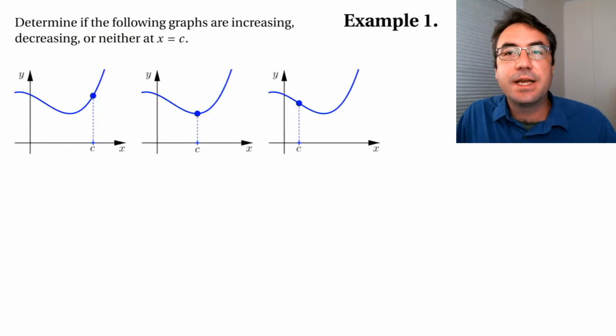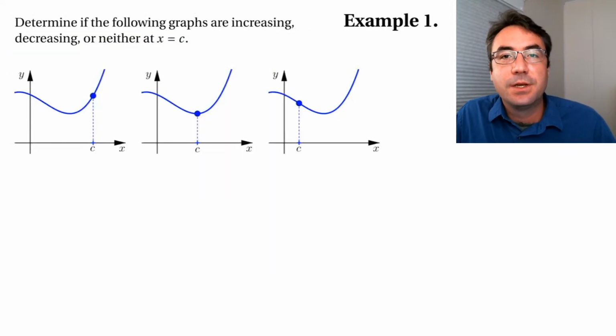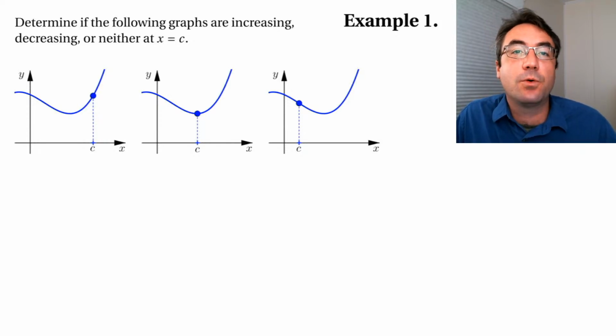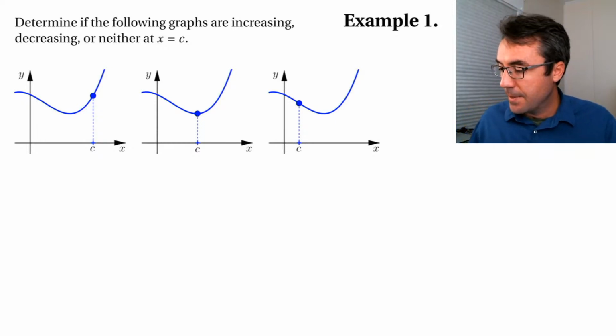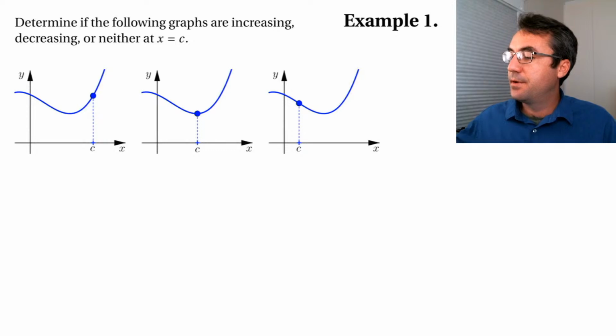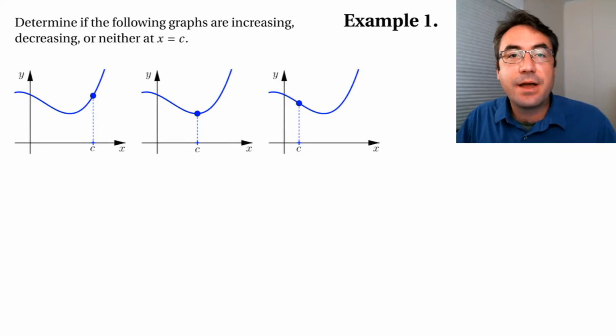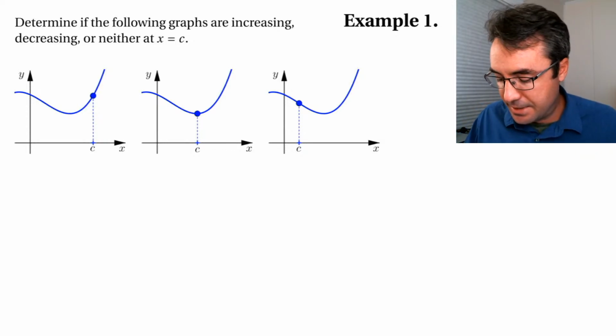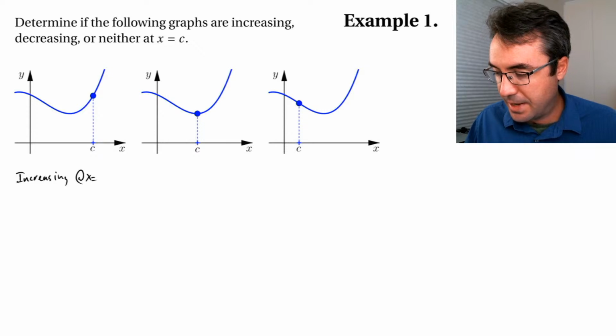So let's look at an example, well, a few examples. We're going to determine if the following graphs are increasing, decreasing, or neither at x equals c. So let's start with the first graph there on the left. And we see that it's increasing at x equals c.